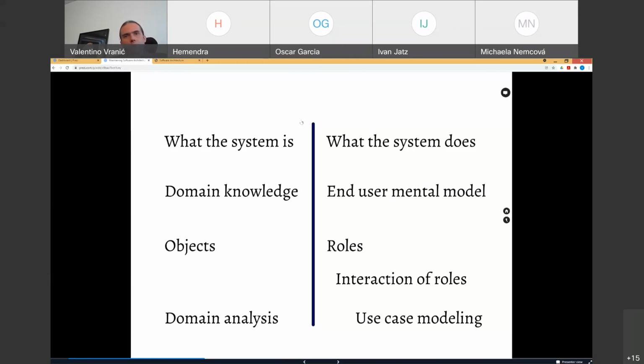If it's a greenfield domain, a new domain not previously explored, but typically domains are related to each other, and then we can use this knowledge to establish what the system is. We don't have to go to the end user to ask them.